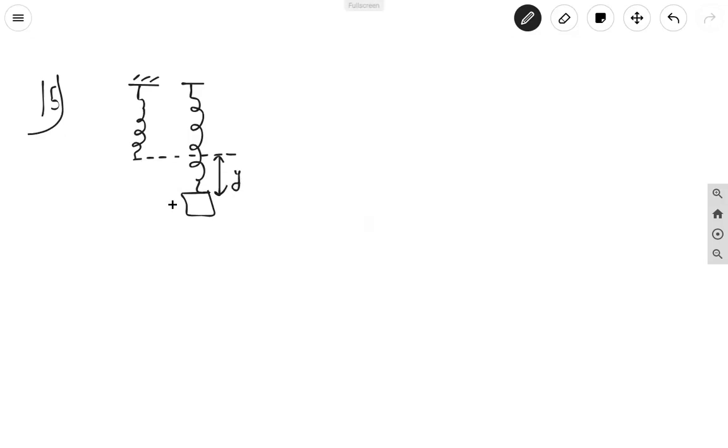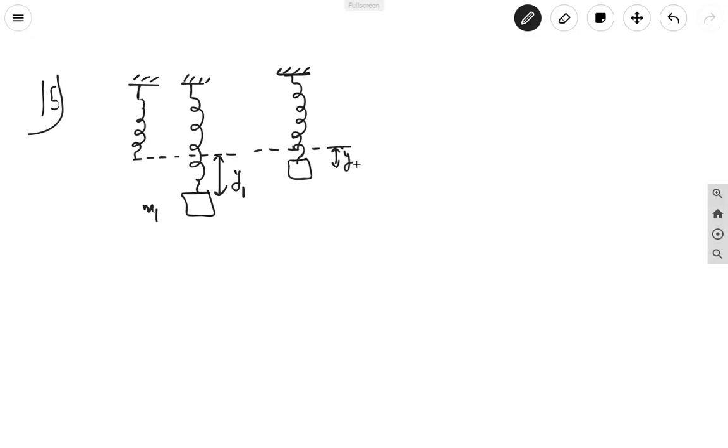So this is the block M1, and this is the elongation Y1 of the stretched spring. Now, they said that if you remove this M1 and hang another object on the spring, with a mass of 1.5 kilograms, so let's say this is M2, then the elongation from the unstretched position in this case would be Y2.